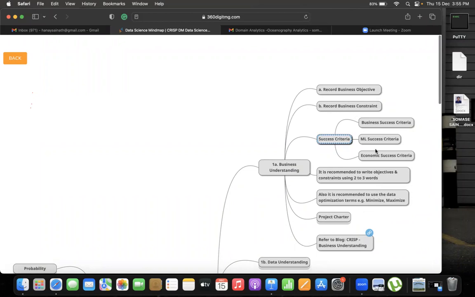So there are three different success criteria.